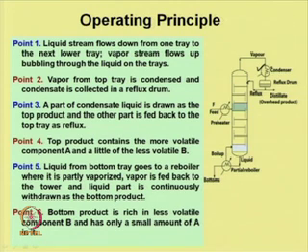The top product which is coming out contains the more volatile component, which is A, and a little amount of the less volatile component. The liquid from the bottom goes to a reboiler, where it is partially vaporized. Generally, a partial reboiler is used.